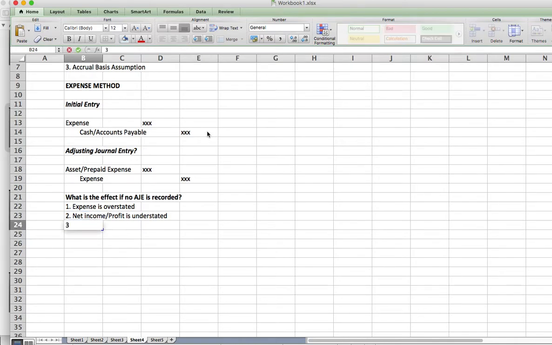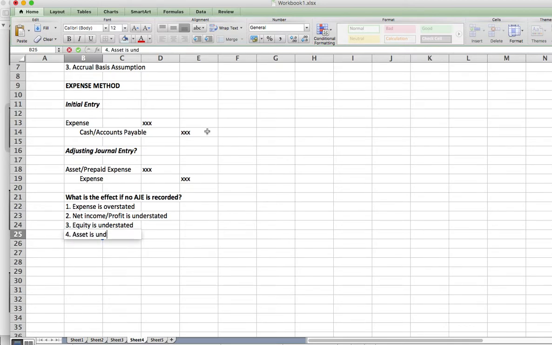And pag bumaba ang net income, ano mangyayari sa equity? Equity is understated. And aside from that, ano pa? Akala mo expense lahat, may asset ka pa pala, may natira eh. So what will happen to the asset if no adjusting journal entry will be recorded?